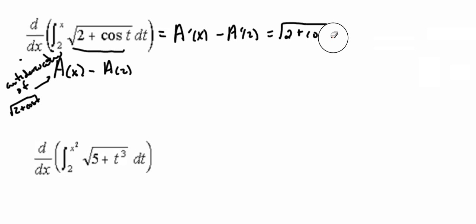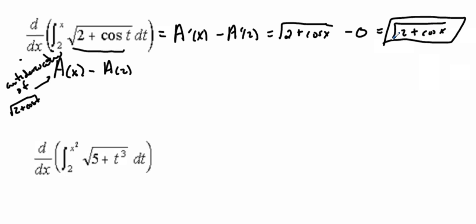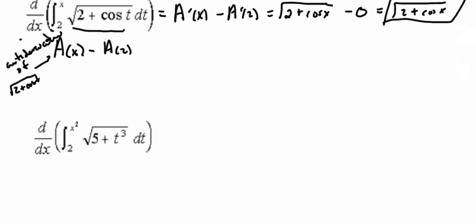That should be x. All right, cosine of x. And the antiderivative A prime of 2, well, plug in 2 is going to be 0. So our answer is just going to be the square root of 2 plus cosine of x. That's our answer. Cool.